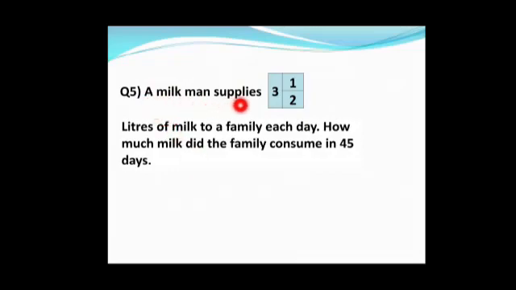A milkman supplies 3 and 1 by 2 liters of milk to a family each day. How much milk did the family consume in 45 days? So here we know that the amount of milk consumed by the family in a day is 3 and 1 by 2 liter, right?